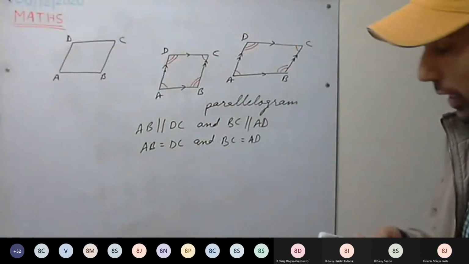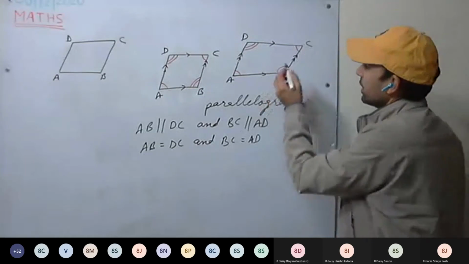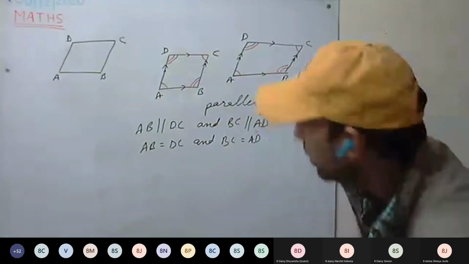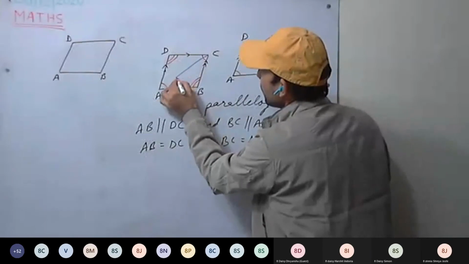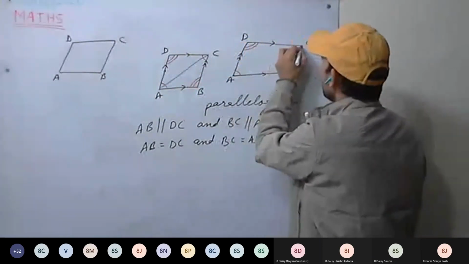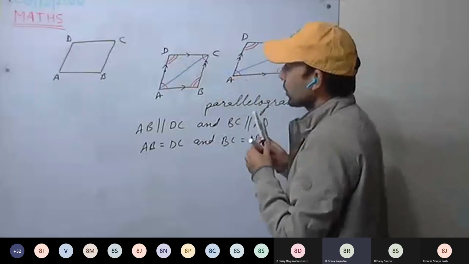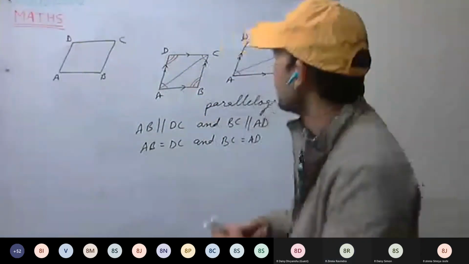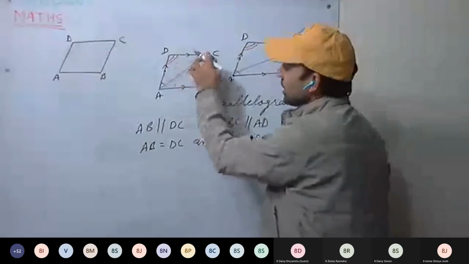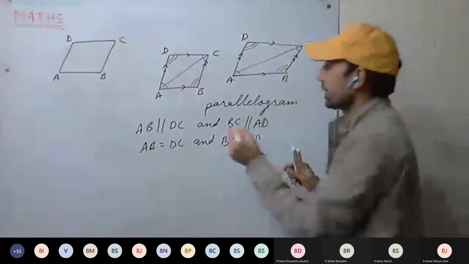Now, if I draw a diagonal. Sir, time over. Okay, just a minute, I'll take. If I draw a diagonal, then the diagonal will be dividing the parallelogram into two congruent triangles.